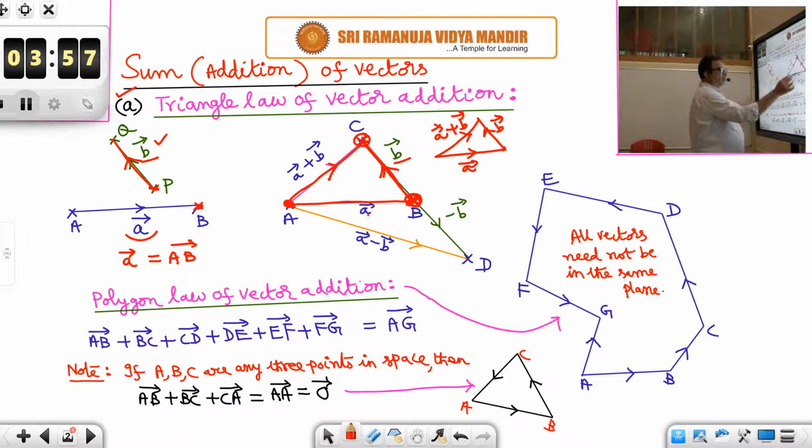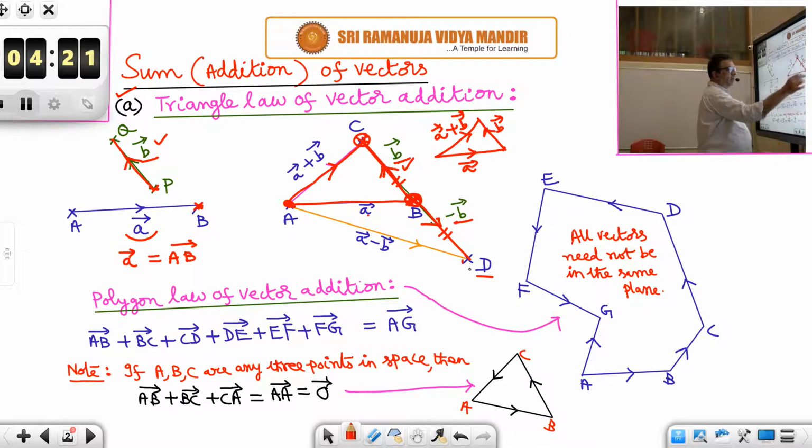Suppose BC bar is B bar, is it not? So you draw a line BD in the opposite direction. BC length and BD length are equal. You have drawn it in the just opposite direction, so this vector will become minus B bar, the same length but opposite direction.